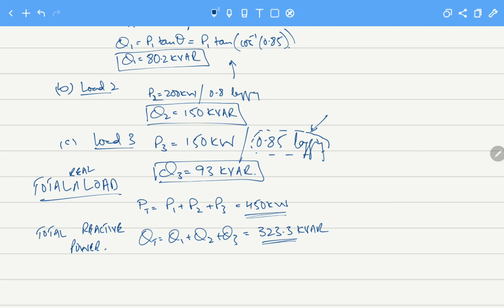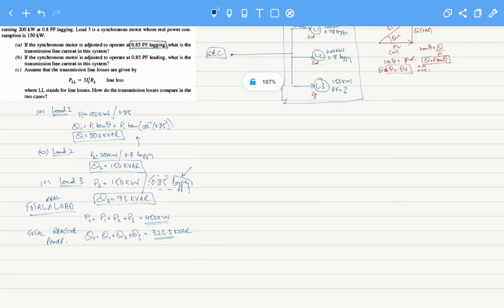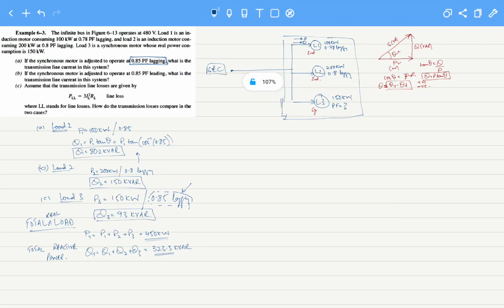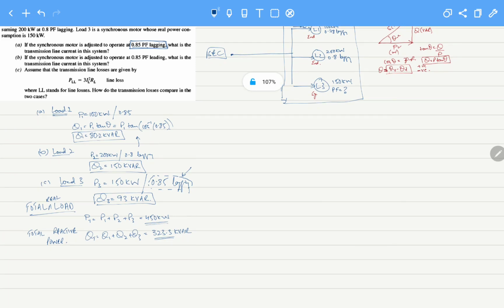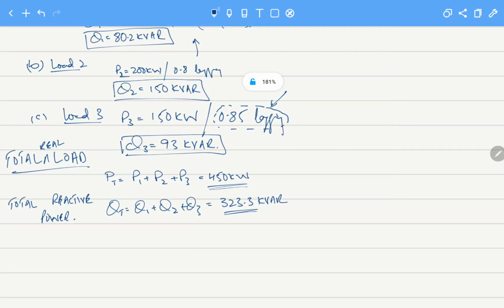And the equivalent system power factor is needed, because what is the transmission line current in the system? We are in search of the transmission line current, but we have PT and QT. We can find the total power factor for our system.